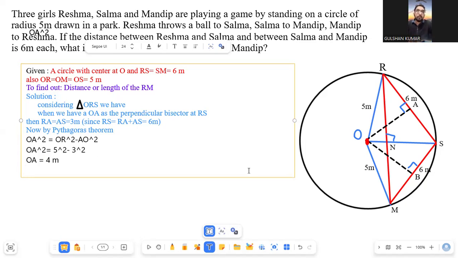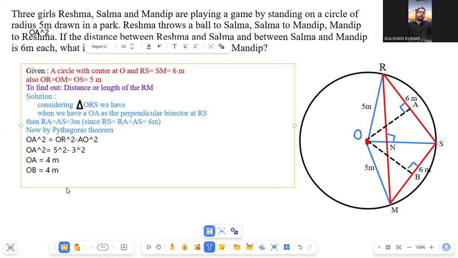So we know that OA is perpendicular to RS and OB is perpendicular to MN. So MN and RS both are equal, so that OA and OB both are equal. OB equals 4 meter.